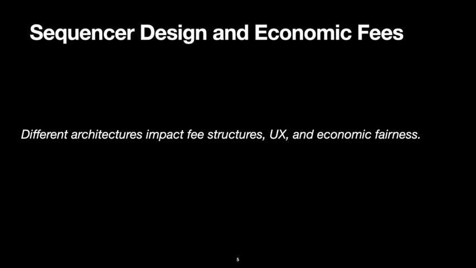And there are different sequencer design approaches, some of which include bonding or a proof of stake type sequencer, where the sequencer guarantees some ordering of transactions, and if that guarantee is not upheld by the sequencer, then they are slashed.